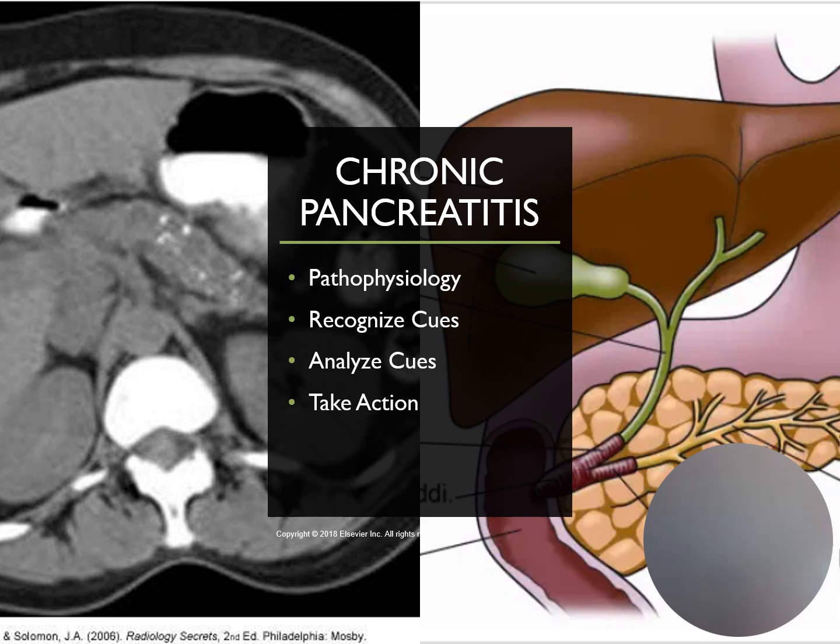To treat it non-surgically, the primary interventions are going to be drug and nutrition therapy. That will require analgesics, enzyme replacement, and insulin therapy.